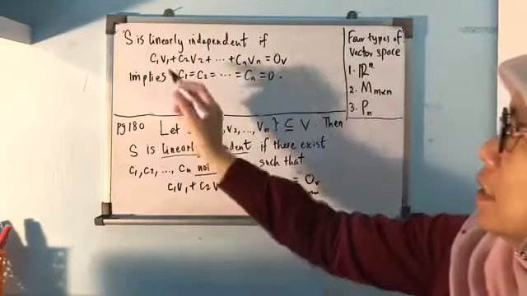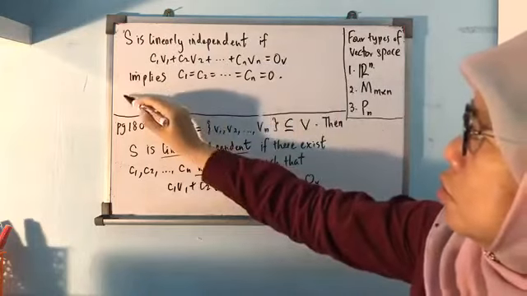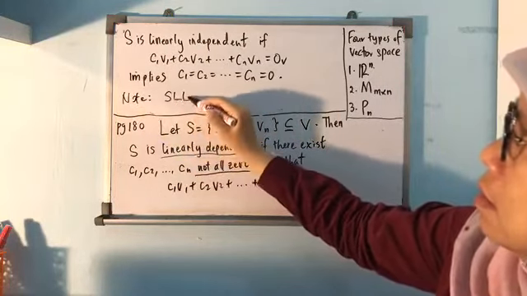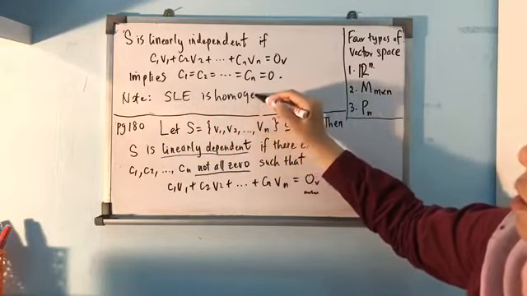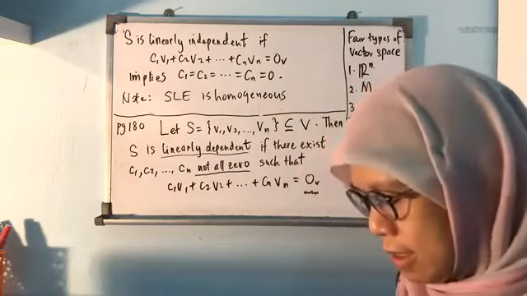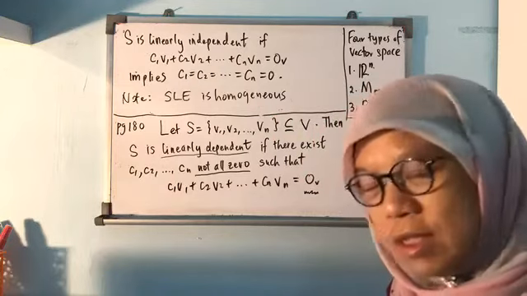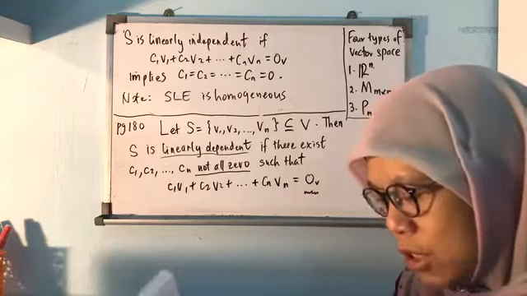Okay, this system of linear equations is equal to 0. So note here the system of linear equations is homogeneous. What is homogeneous? Every system of linear equations that equals 0 is called homogeneous.